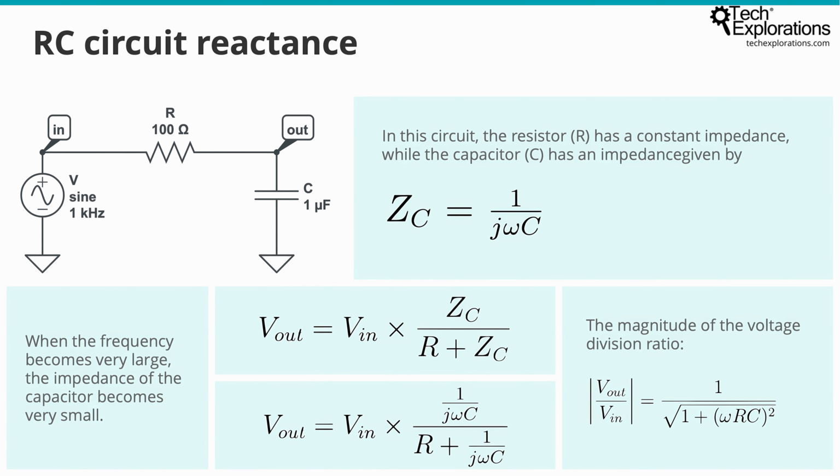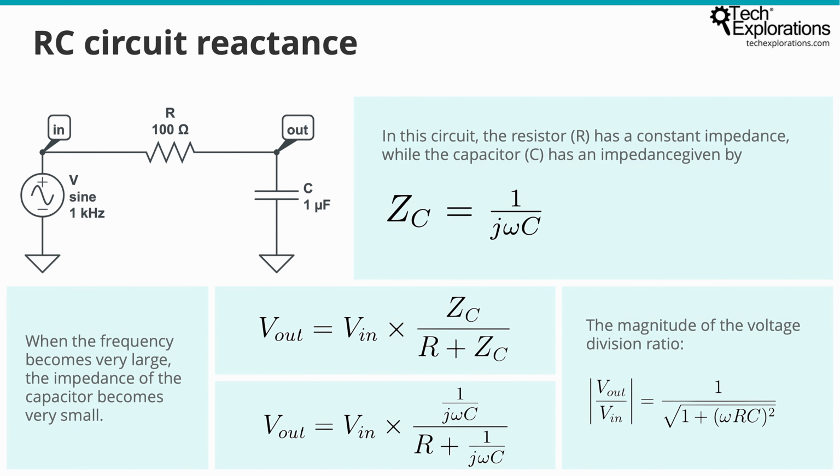The voltage divider rule in AC circuits is similar to the resistive case, but it uses complex impedances instead of real impedances. For the above circuit, the output voltage across the capacitor is given by this formula: V_out equals V_in times Z_C divided by R plus Z_C. When we substitute the capacitor's impedance, we have this formula where V_out equals V_in times, and then there's a division here.